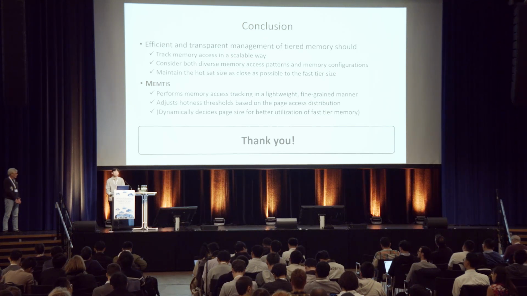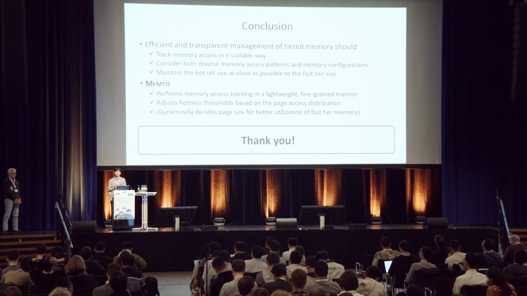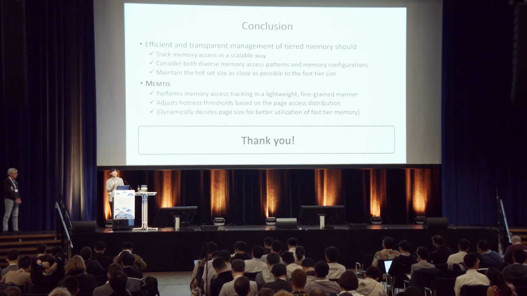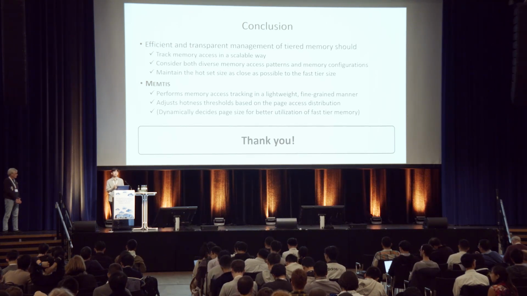In my experience, PEBS is generally good to detect hot pages because it is based on sampling techniques. So maybe the working set size for a given time period exceeds the fast tier size. Maybe PEBS is usually good for the system because it works very well in detecting hot pages.